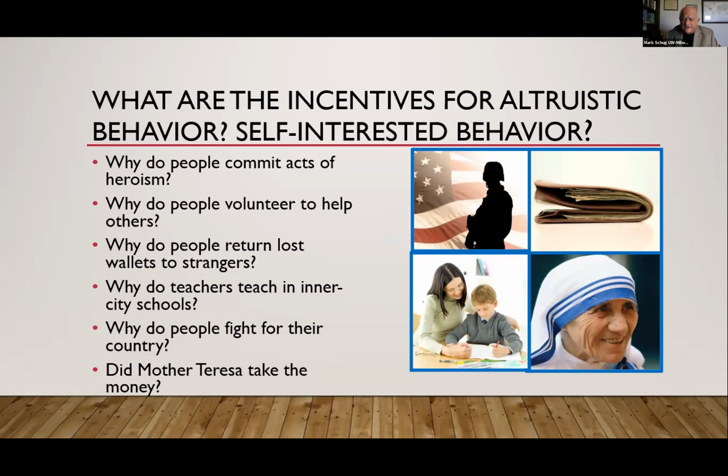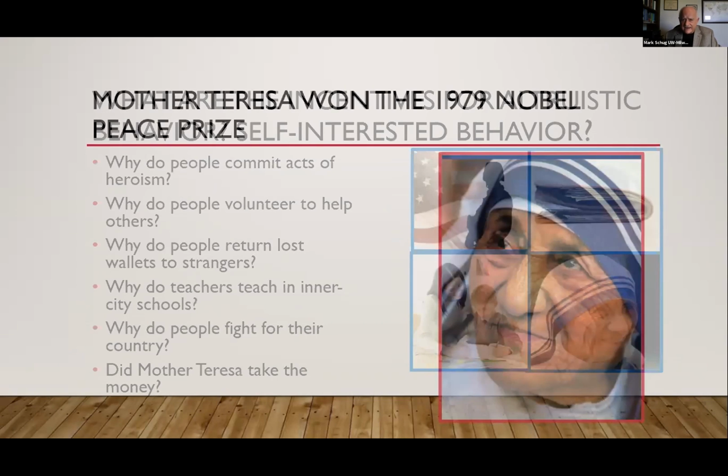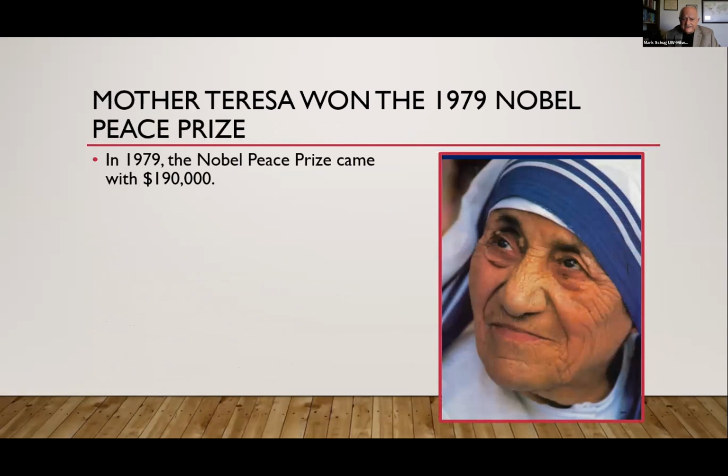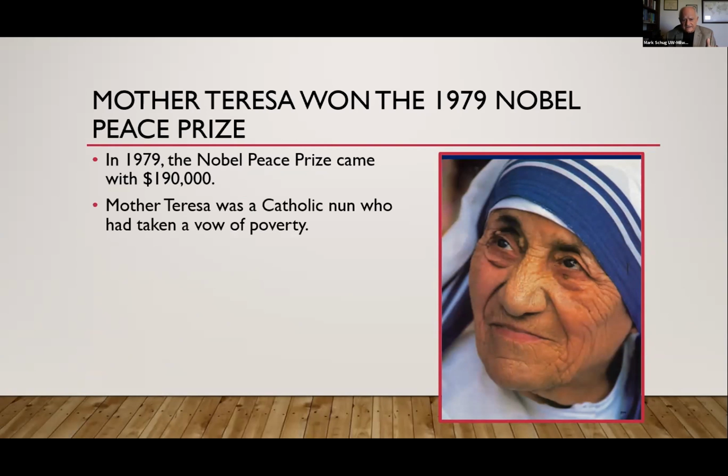Well, Mother Teresa is a saint, right? And in 1979, she won the Nobel Peace Prize. And at that time, the Nobel Peace Prize came with $190,000. Now, she's a saint, right? She's a Catholic nun. She takes a vow of poverty. She never drove fancy cars or lived in fancy homes ever.